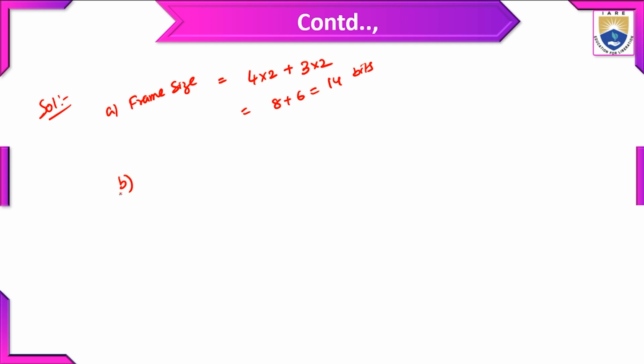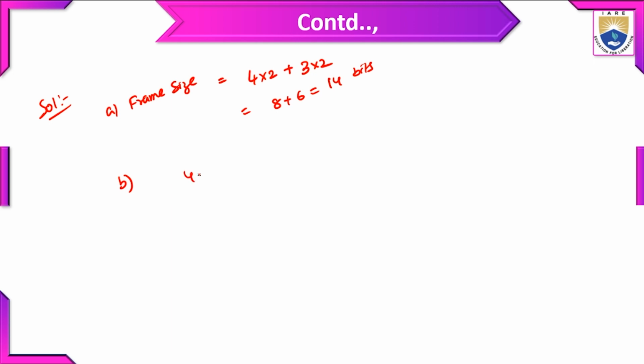And the second one: each frame carries 4 bits from each 200 kbps source. Why? Because the first ones given are 200 kbps sources and the others are 150 kbps.